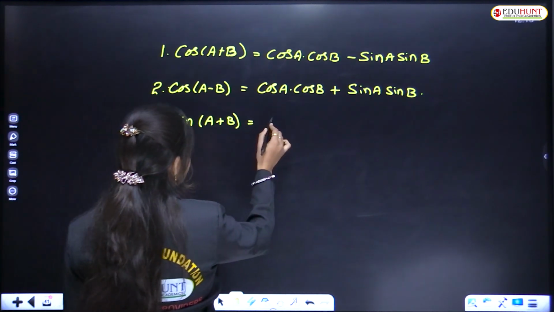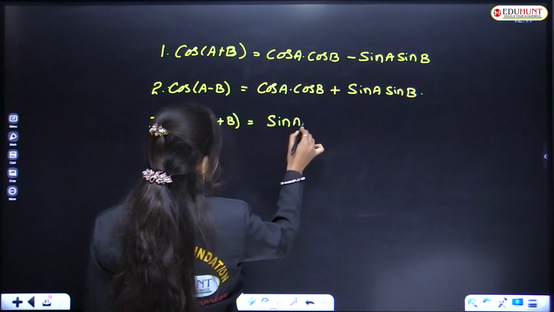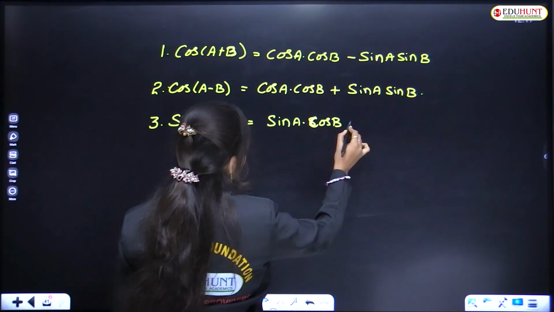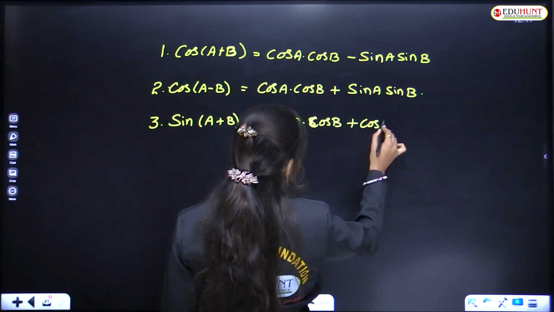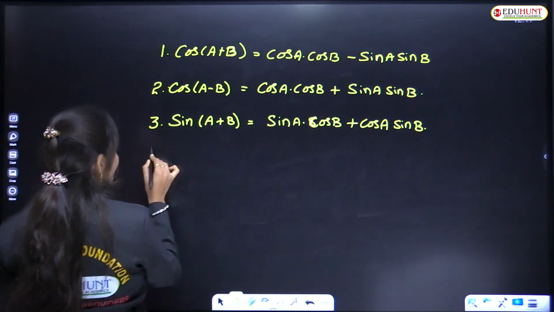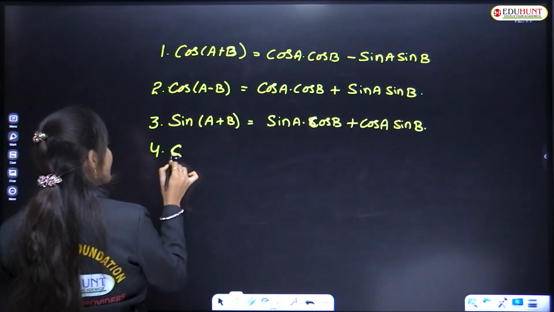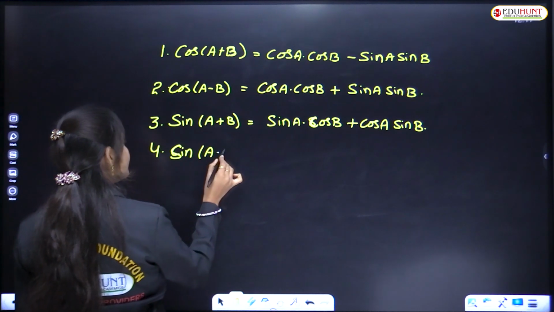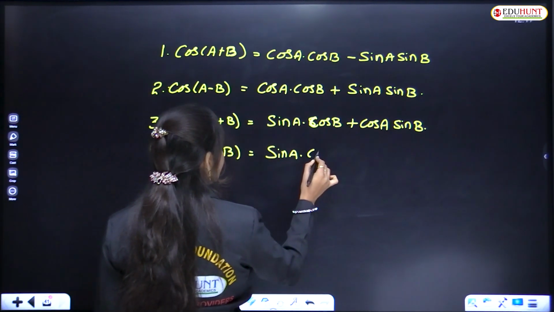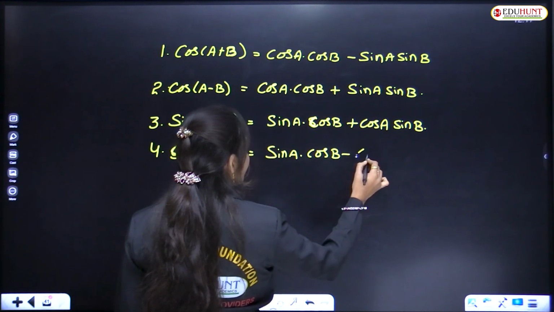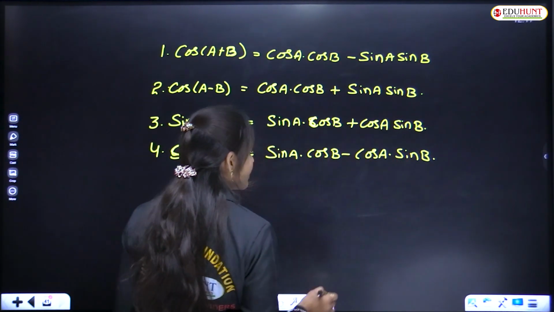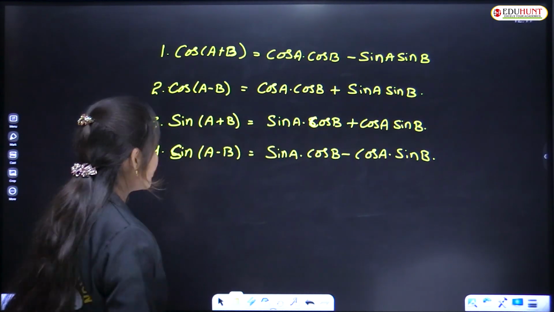So, sin of a plus b is equal to sin a cos b plus cos a sin b. Next, the fourth one, sin of a minus b, is equal to sin a cos b minus cos a sin b. So, here are 4 formulas.